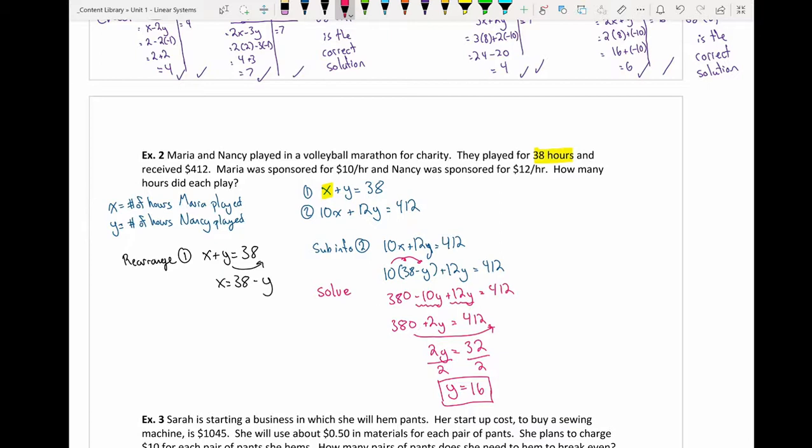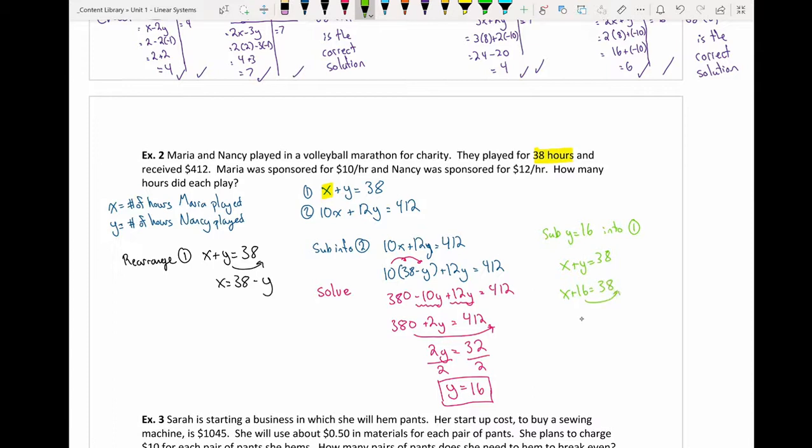So that means I have a y value of 16, and my final step is to sub y equals 16 into either equation. I'm going to sub it into equation 1 because that's going to be the easiest to solve. So I have x plus y equals 38. So x plus 16 equals 38.